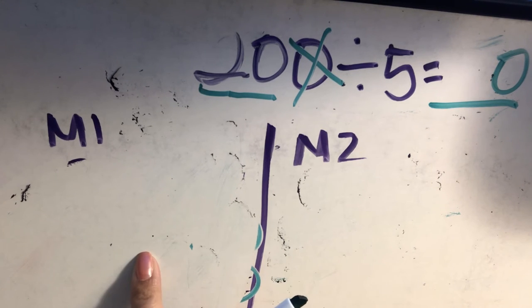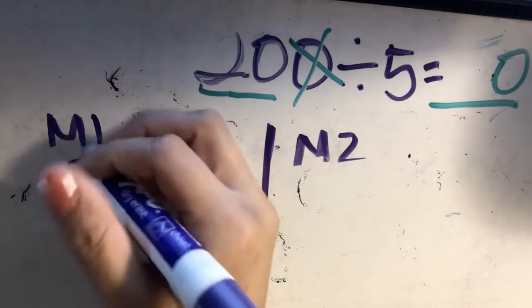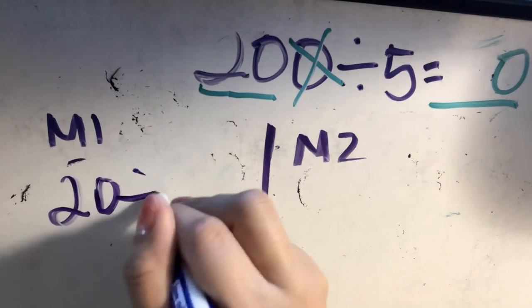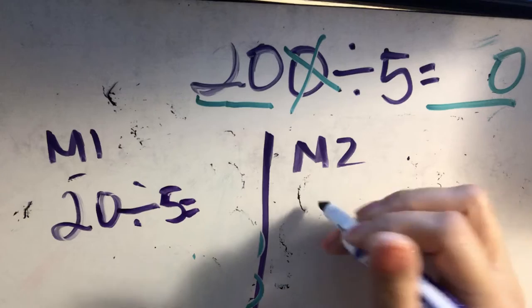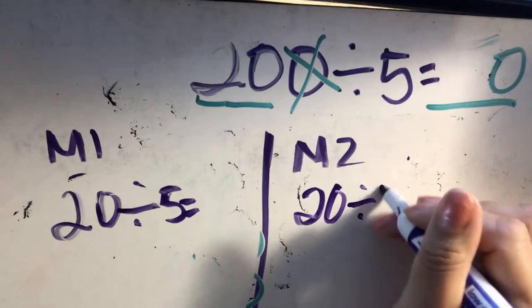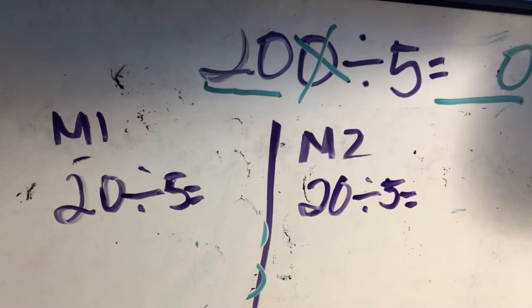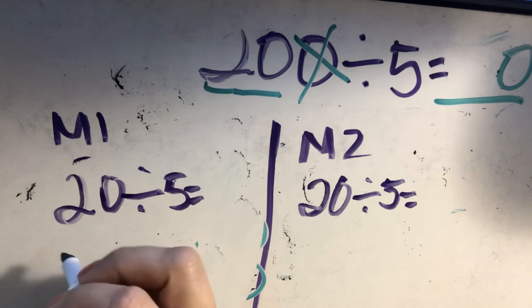So let's go ahead and do our first step, which is to do the circles. We're going to rewrite first. 20 divided by 5 is equal to. You might be getting better at this, because if you're working on your flashcards, you probably already know this answer. But please show your work either way. I don't want you to just do it off the top of your head, not just yet anyway.